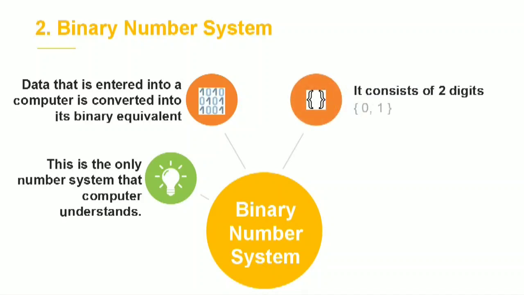It consists of two digits, that is 0 and 1. As it consists of only two digits, the base of the binary number system is 2. Remember, the base of the binary number system is 2. Why 2? Because it consists of only two digits, that is 0 for off and 1 for on.